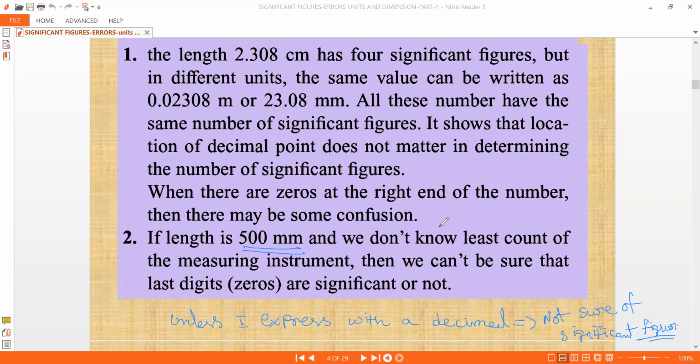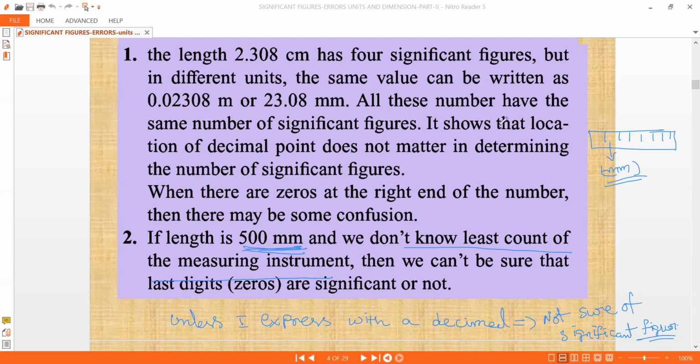So if I just say 500 mm and we don't know the least count of the measuring instrument, suppose I have taken a 1 meter scale. It contains only centimeter divisions and I don't have mm divisions at all.